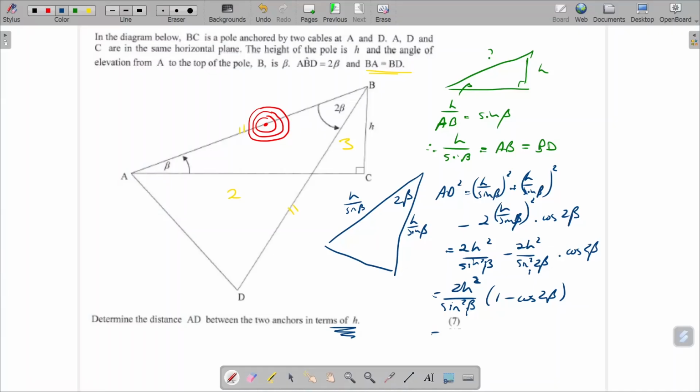So again, let's look at our options. Cos of 2 beta can be written in 3 different forms. The context only has sines, so we're going to change it into a version that has only sines.